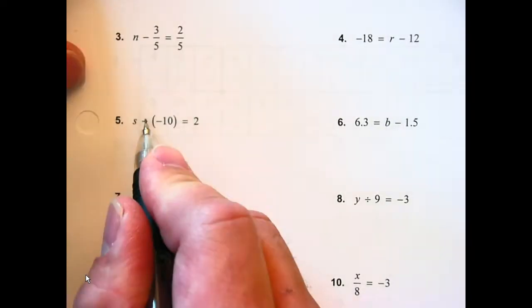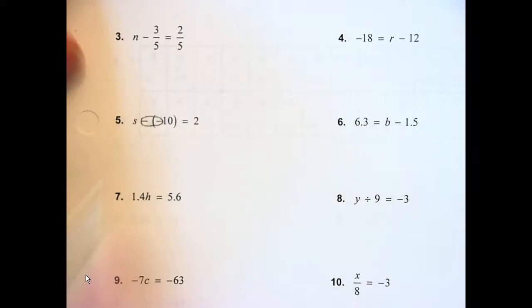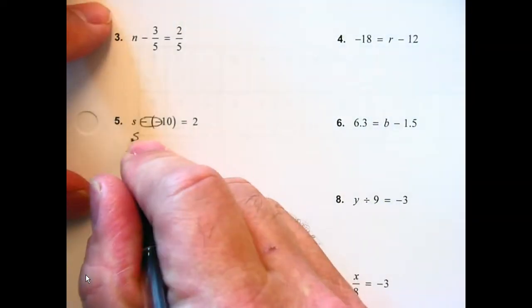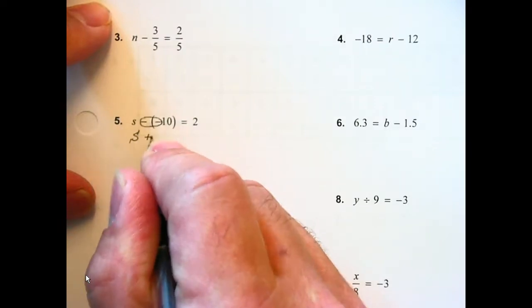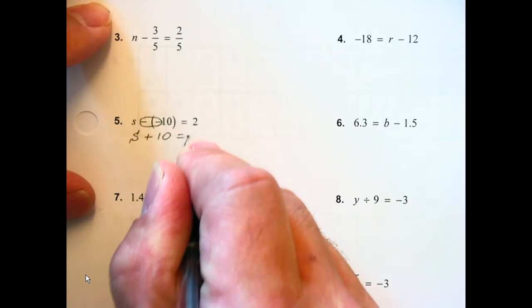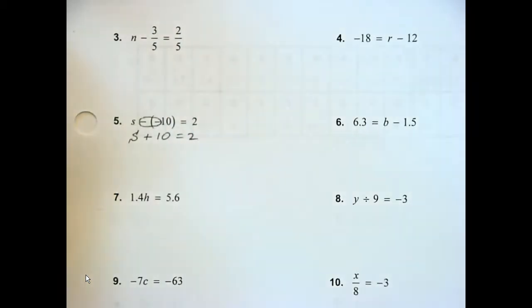Yeah, there are 2 of these things. So when you're solving equations, you see 2 signs, rewrite it with 1 sign. S, 2 negatives is a positive. S plus 10 equals 2. Now that makes it a lot easier to solve. Whenever you see 2 symbols, rewrite it as 1. If it's a negative and a positive, it makes a negative. Good. Okay? Show your work.